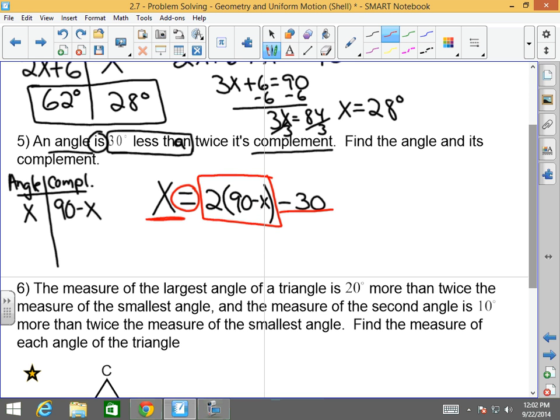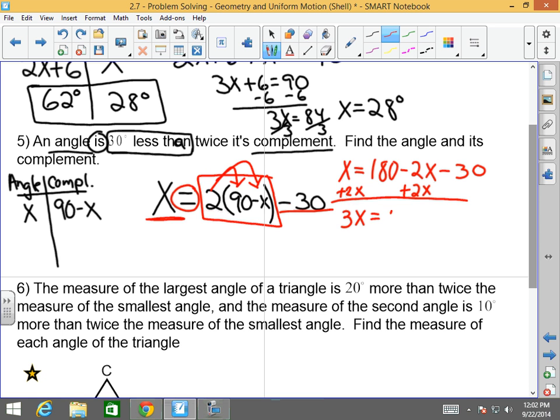Now it's easy. x equals, remember to distribute the 2, please. So x equals 180 minus 2x minus 30. Add 2x to both sides. So I've got 3x equals 150.